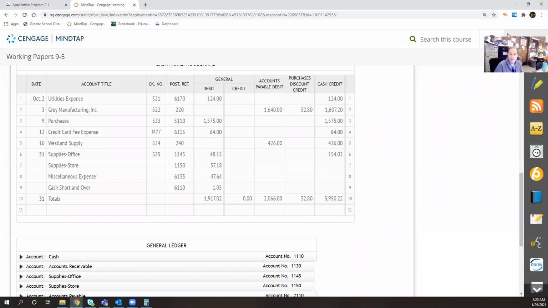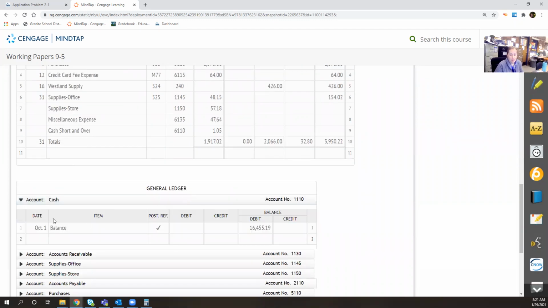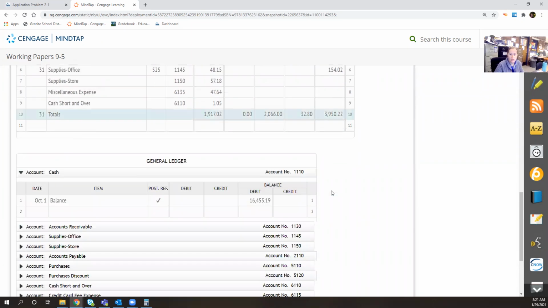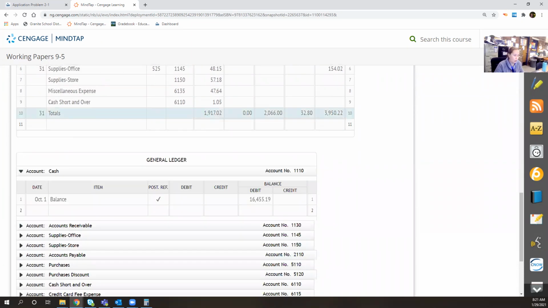All right, so what we're going to do is we're going to total up our cash payment journal. We already totaled it up, but now we're going to make sure that it's recorded below. So the first thing is I'm going to open up the cash ledger, and we're going to record this $3,950.